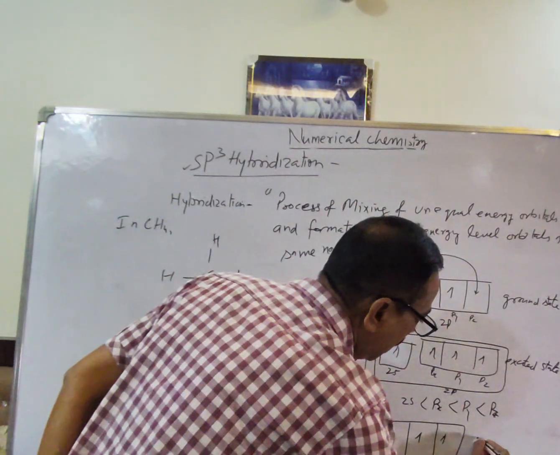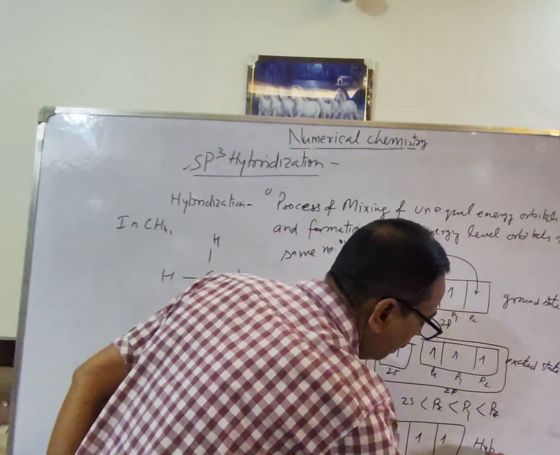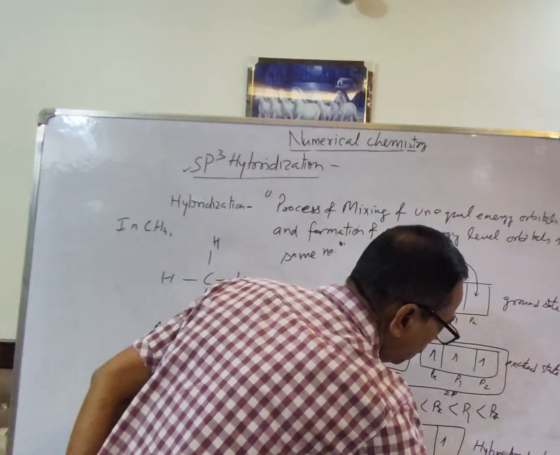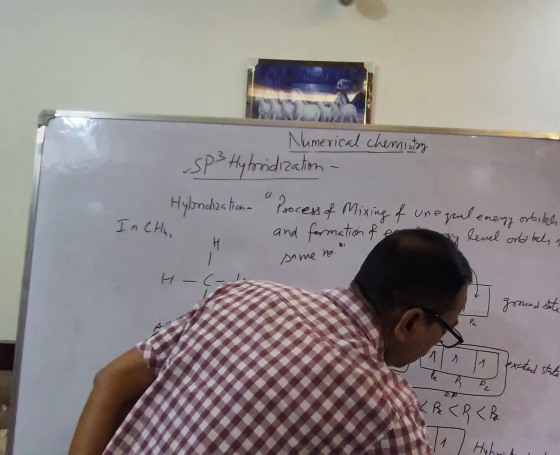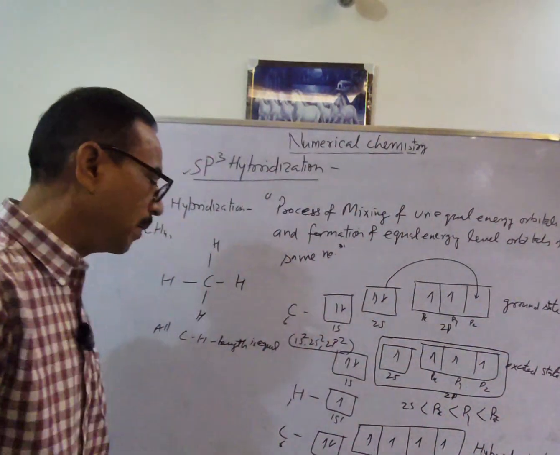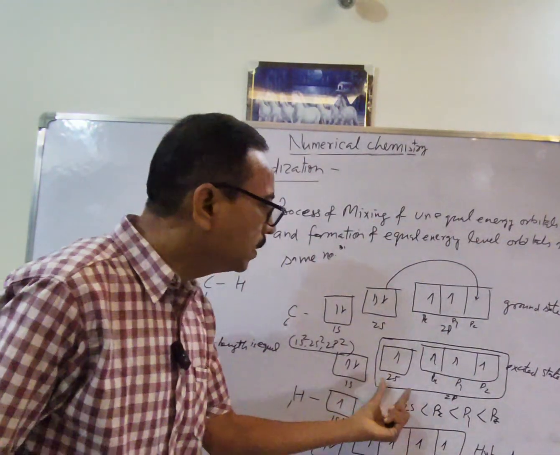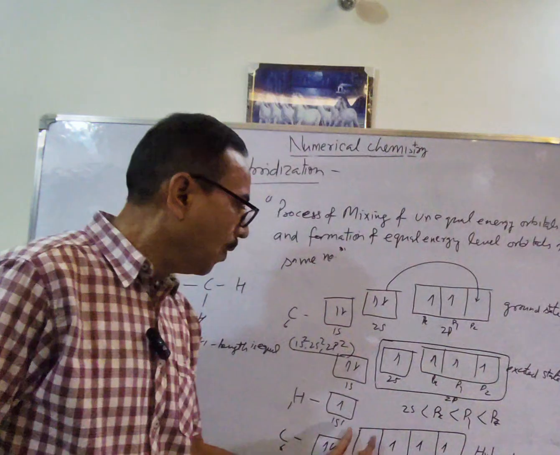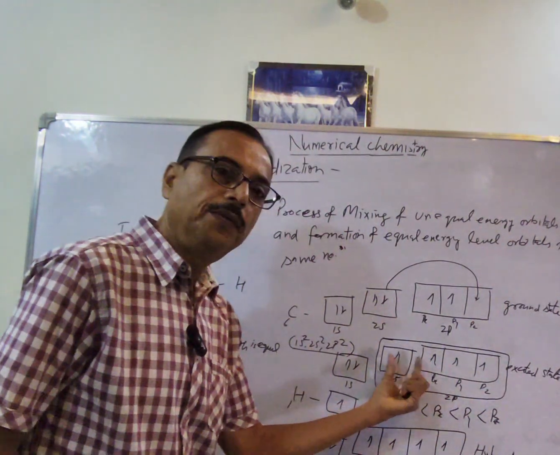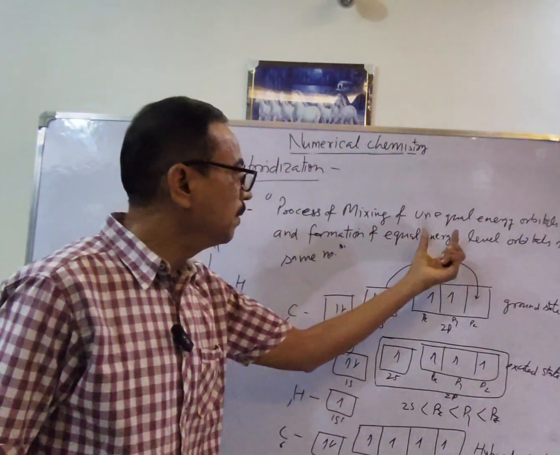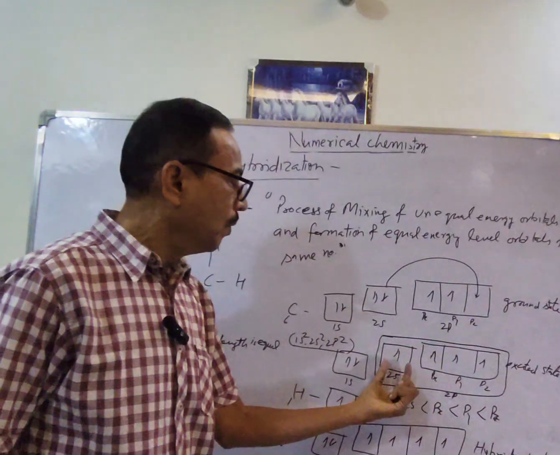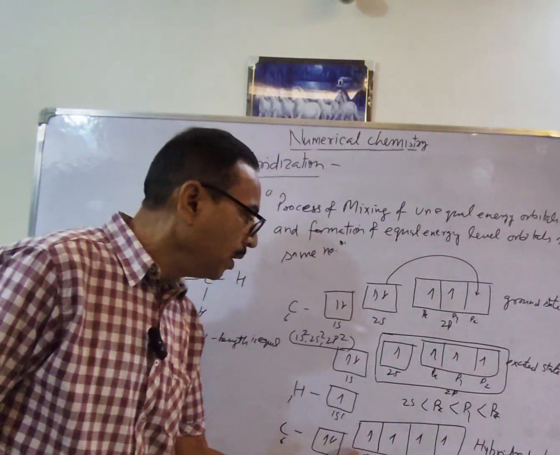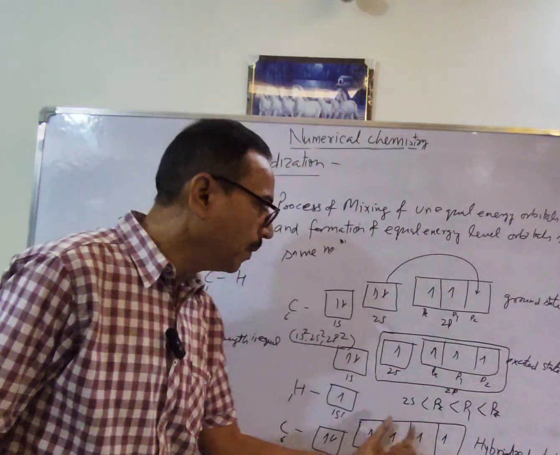These are called hybridized orbitals, and this process is hybridization. 1s and 3p undergo hybridization: 4 unequal energy orbitals mix and form equal energy orbitals, same number, same energy.